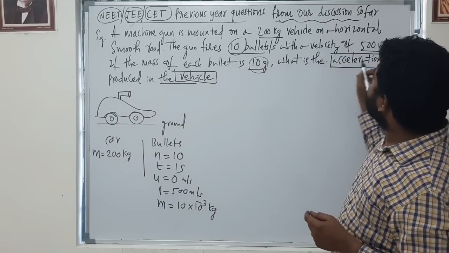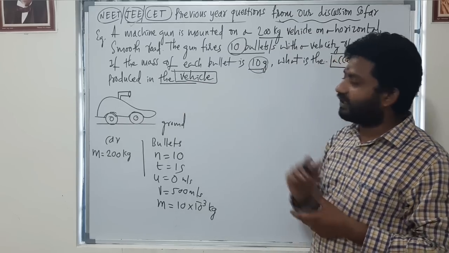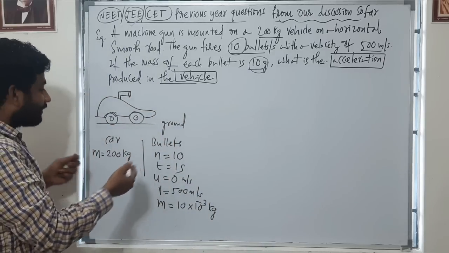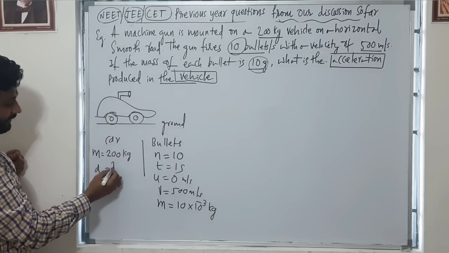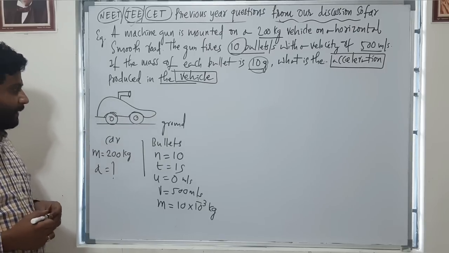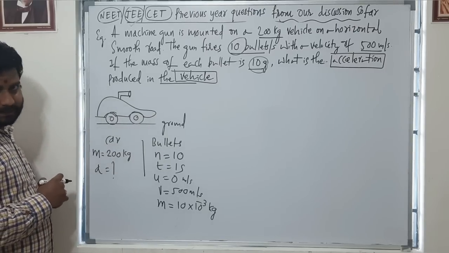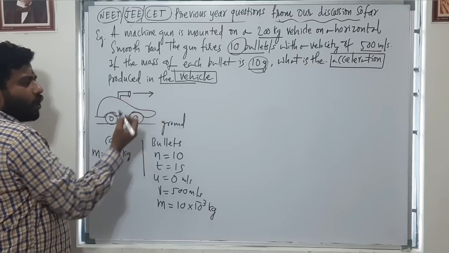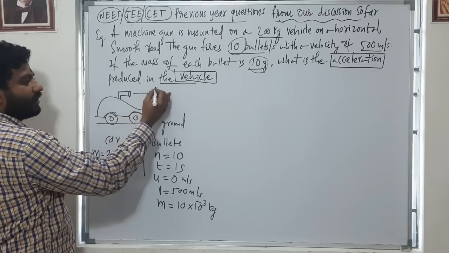Now, what is the acceleration produced in the vehicle, right? So much data is given about the bullets, but the question is asking about acceleration produced in the vehicle. Look at here. First, what happens? The gun will apply a force on the bullets. That is what I am writing here.